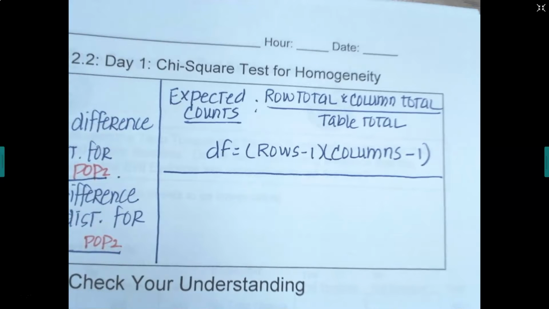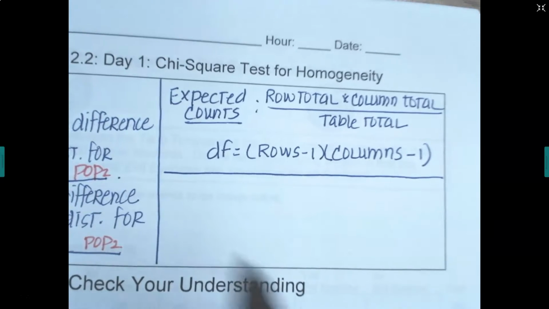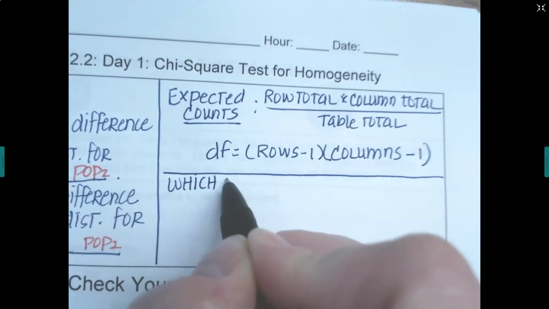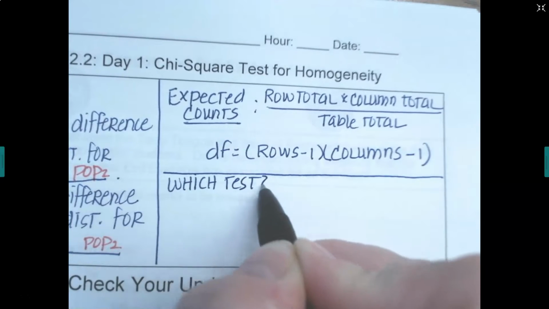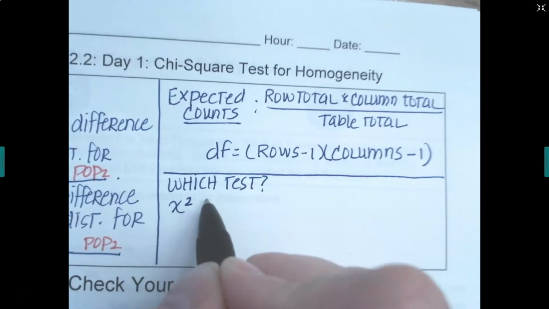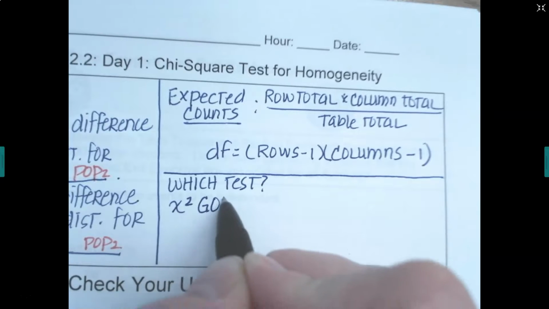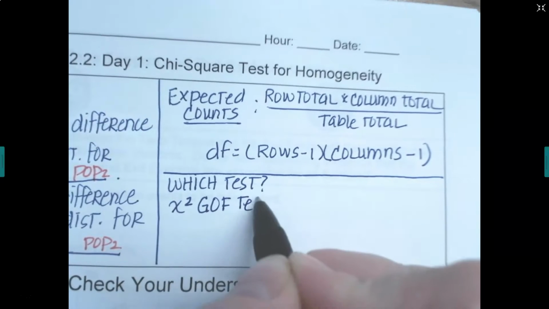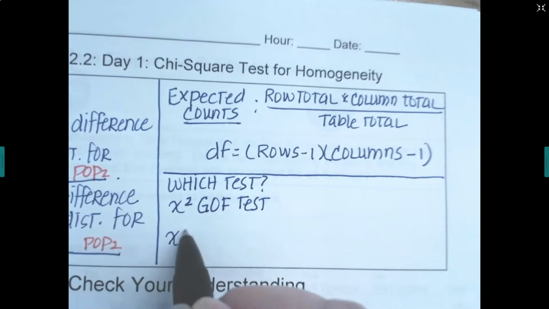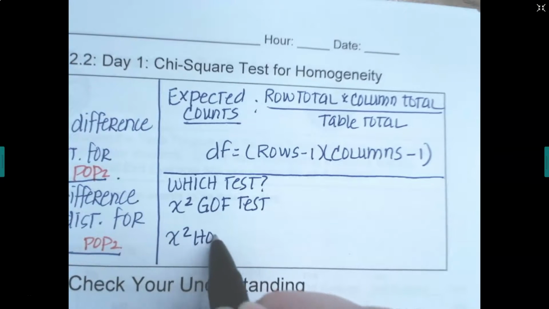Now, as we're moving forward, how can we tell which test? There's one more of these that we're going to learn about, so we'll add that in later. So we learned about the chi-squared goodness of fit test. And today we talked about the chi-squared homogeneity.